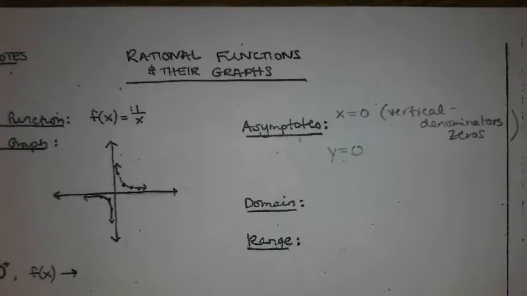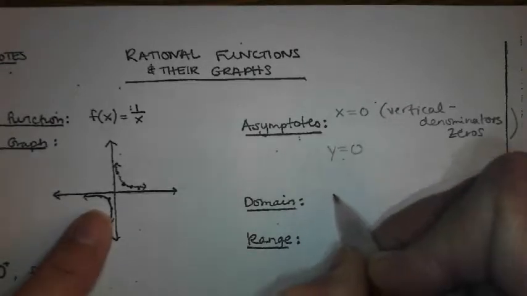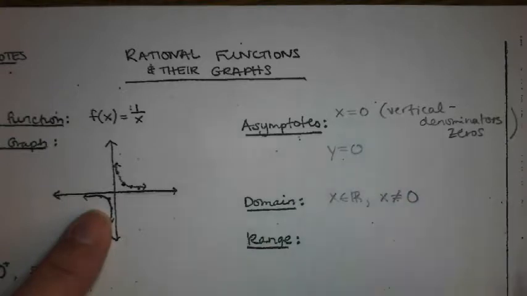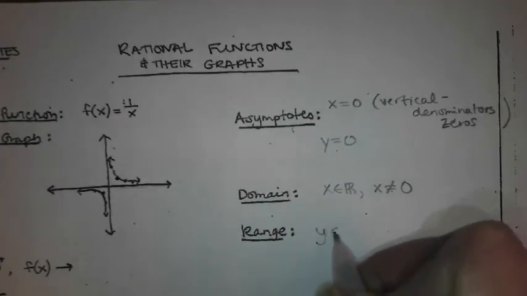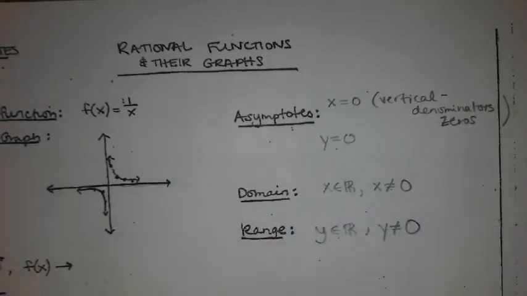And therefore, because we have vertical asymptotes, our domain is limited. X can be any real number, except it cannot equal 0. Vertical asymptotes limit your domain. Horizontal asymptotes limit your range. Y can be any real number, except 0.